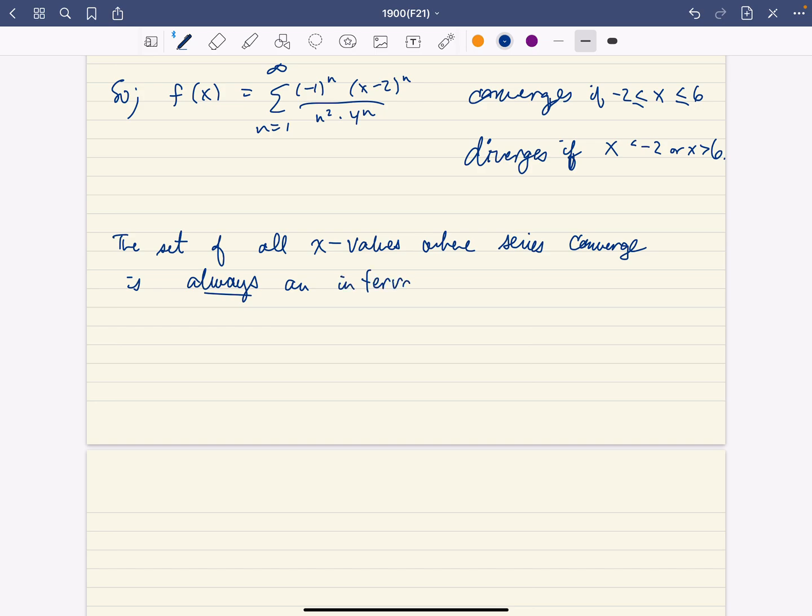The interval has some length. Okay, so half the length of the interval is called the radius of convergence.